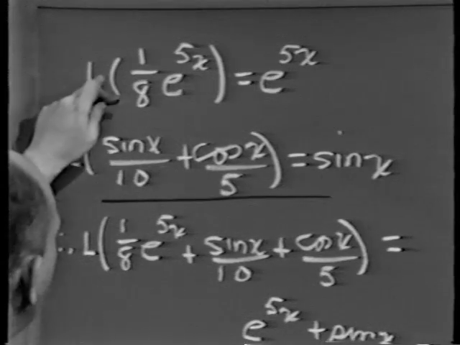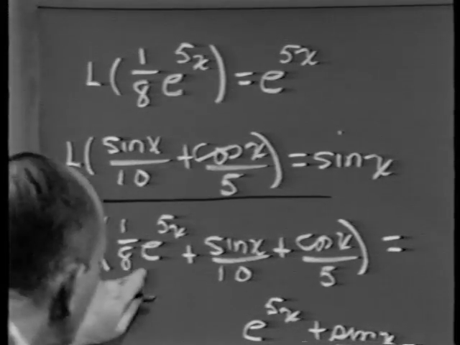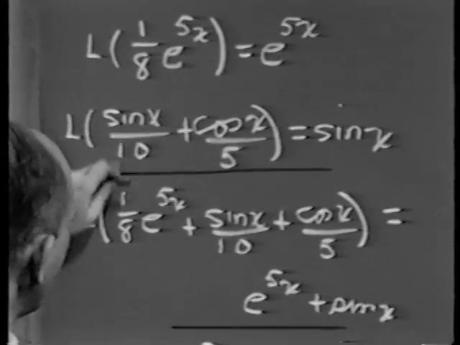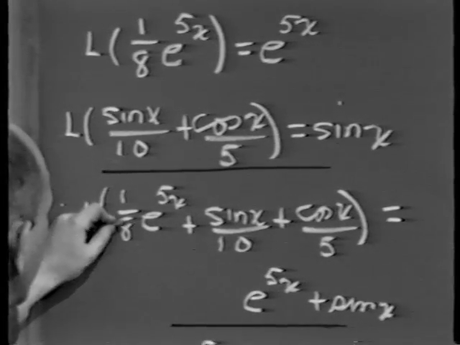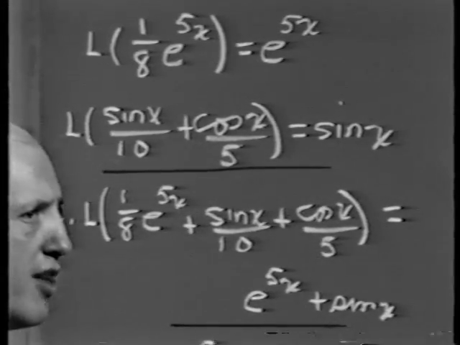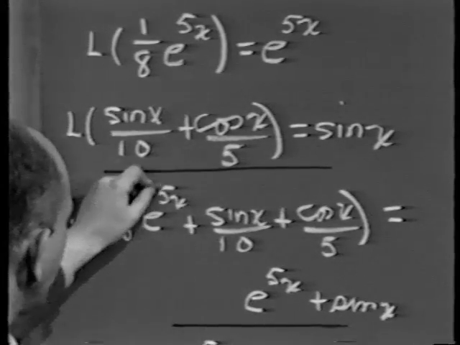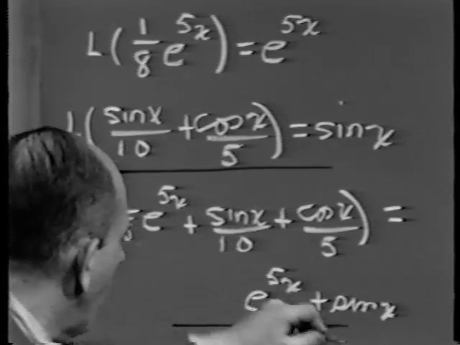In other words, L of u plus L of v by linearity is L of u plus v. In other words, then, by linearity, adding these two results yields this, and that tells us that a particular solution to our equation in example 4 is simply y sub p is 1/8 e to the 5x plus sine x over 10 plus cosine x over 5.